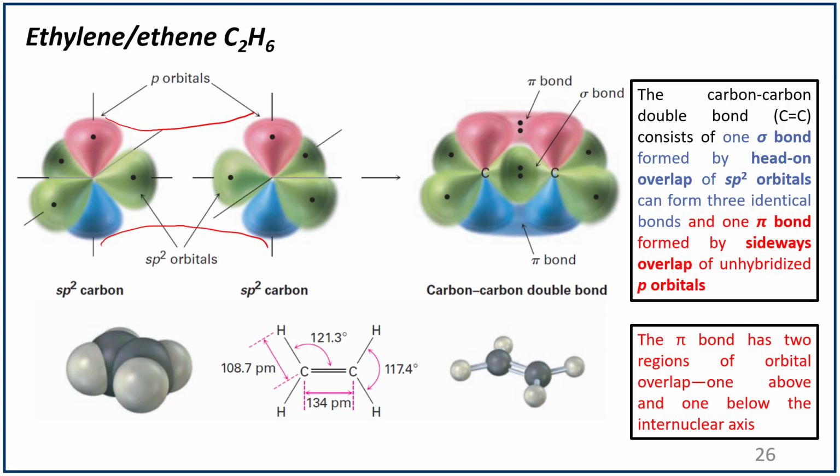The takeaway message here is it is not a head-on overlap. So every time you see a double bond, just think of it as one of the bonds being a sigma bond, and the other being a pi bond from unhybridized p orbitals.